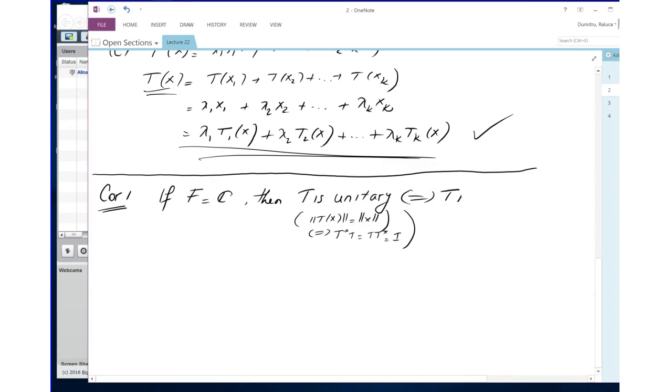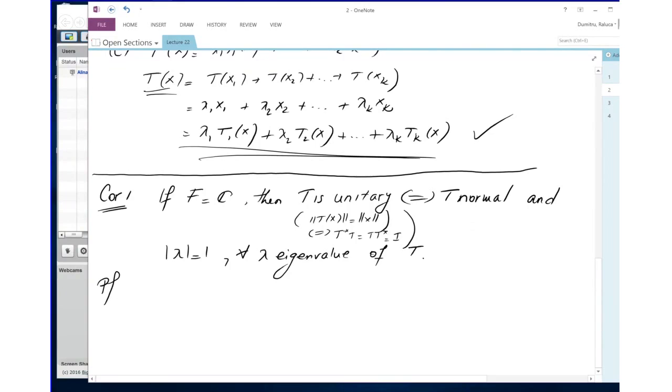So T normal and all the eigenvalues have absolute value 1. So we've seen this idea before, but now the proof is going to be much simpler using the spectral decomposition.